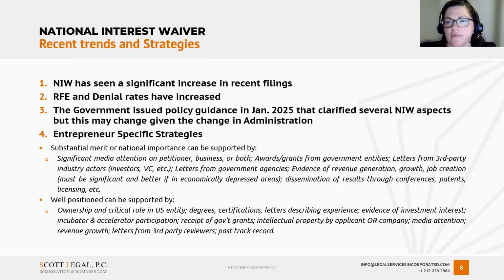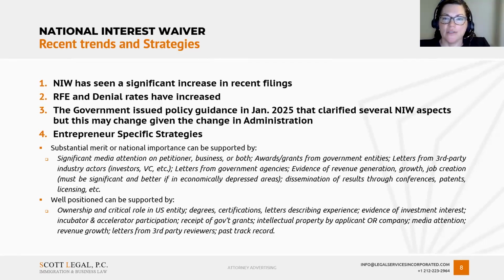Specifically for the entrepreneur-specific strategies, we did touch upon this a little bit on the other slide. Showing substantial merit or national importance can be supported by significant media attention on the petitioner, on the business, or both.